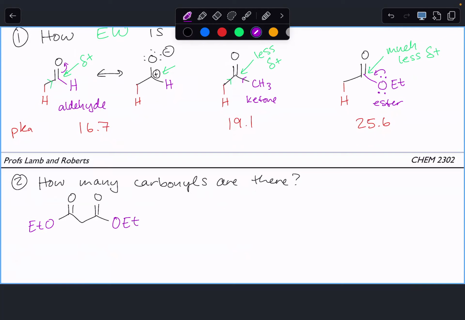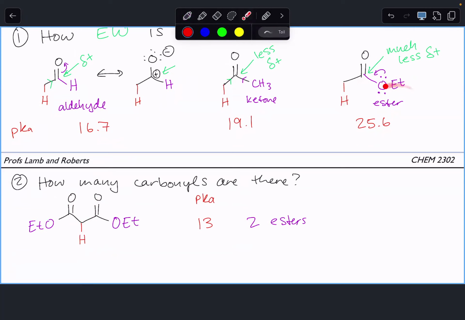Okay, we have two esters. This proton right here is alpha to the left carbonyl and also alpha to the right carbonyl. And the pKa of this compound is 13. So this is 2 esters.